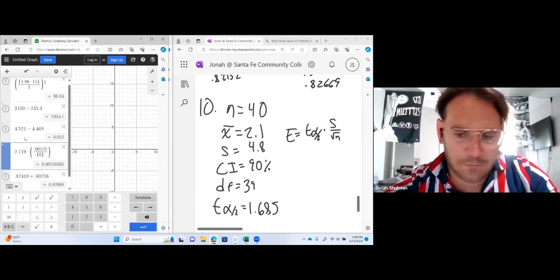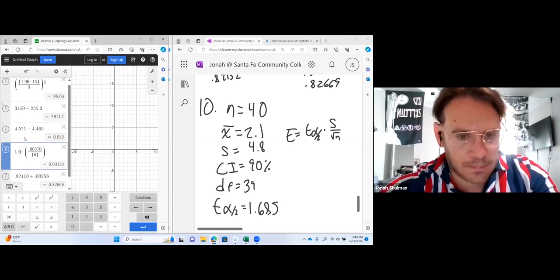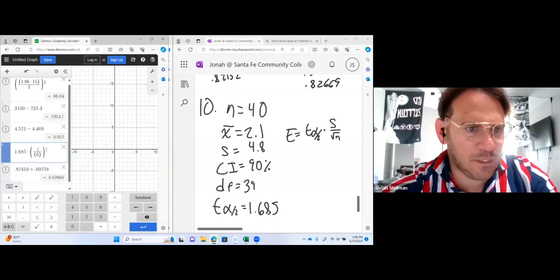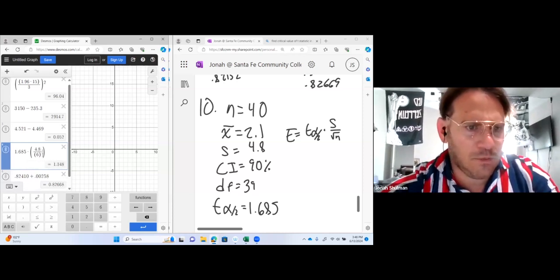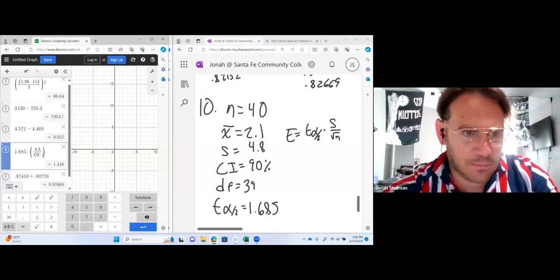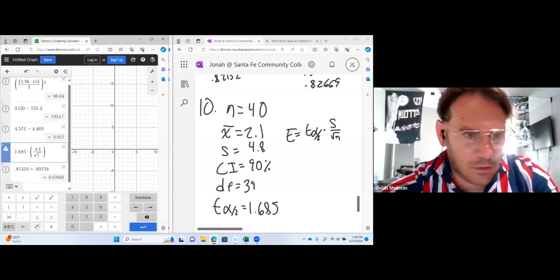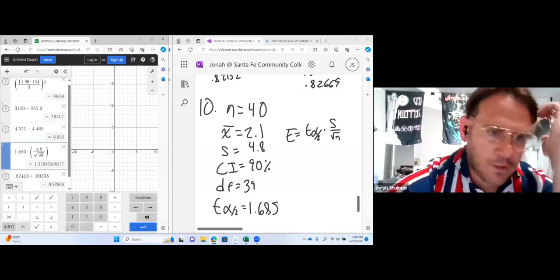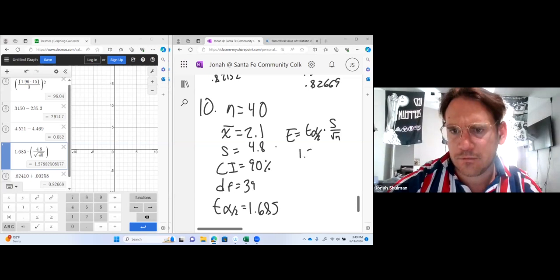So it's 1.685. We know that our sample standard deviation is 4.8. Our n is 40, so the square root of 40. So we have 1.3 pounds there.